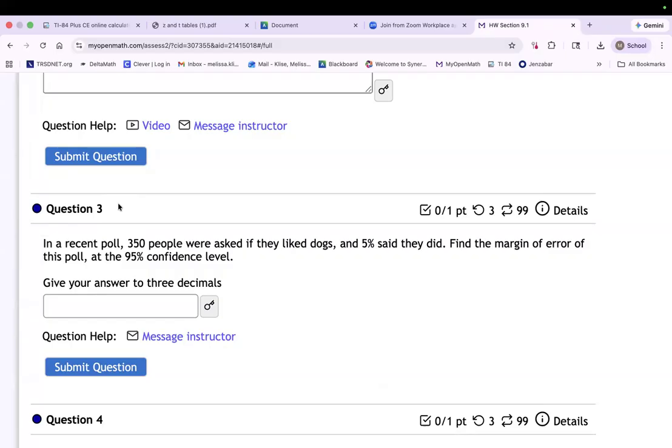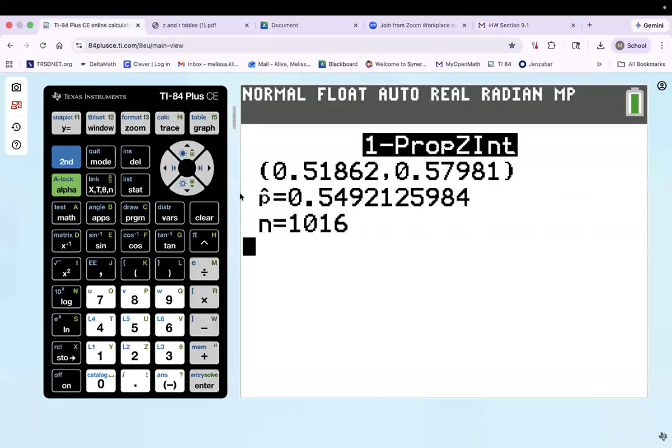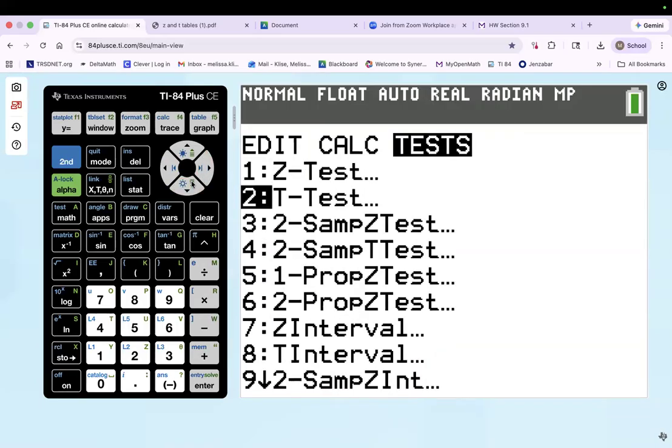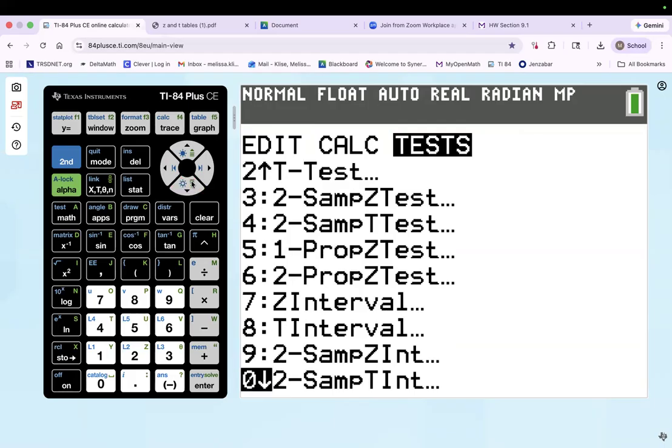Okay, so if I did 6.8% of 350, I would get 23.8. So if you get a number like that, if you are calculating the number of people that say they like dogs, for example, and you get a decimal, you'd have to round to the nearest whole number because my 1-PropZInt will not allow decimals.